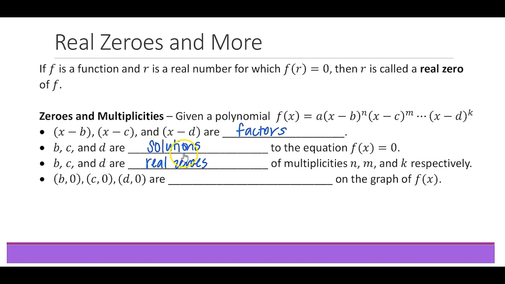And any real number solution to the equation is an x-intercept. So (b, 0), (c, 0), (d, 0) are all x-intercepts of the graph of f of x.